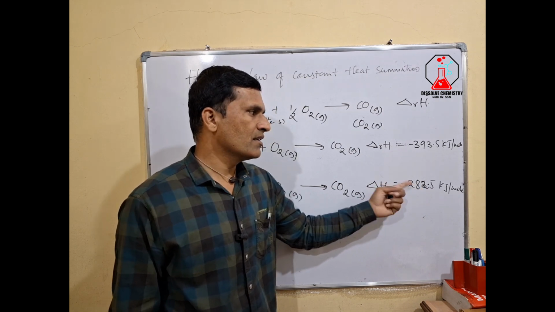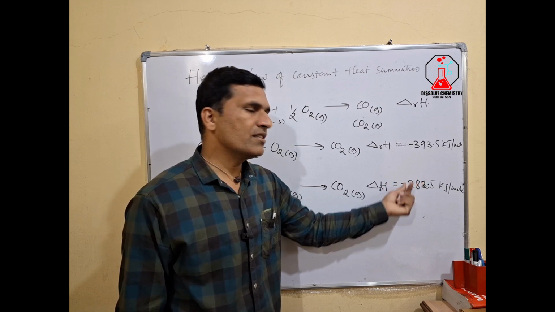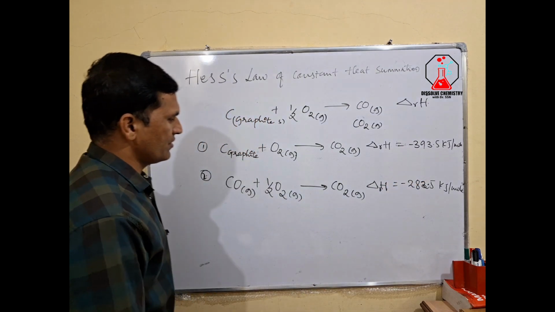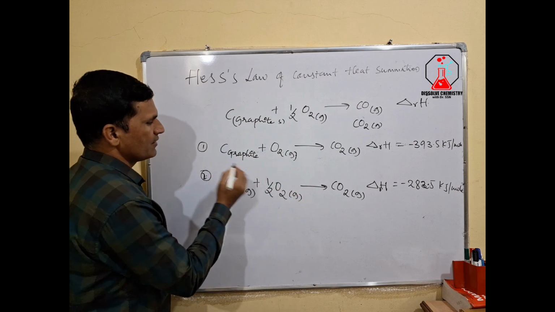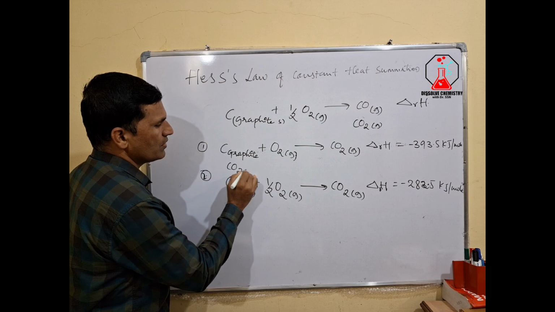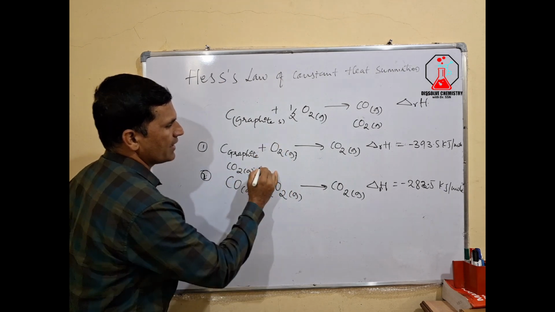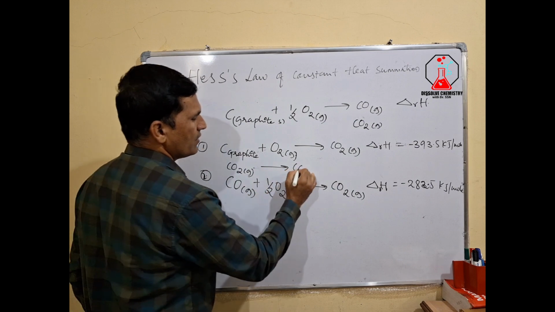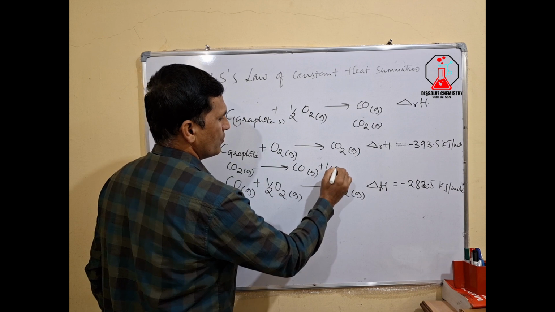It is minus here. Therefore, if I reverse this equation, the sign changes from minus to plus. So let us reverse it. I will write CO2 on this side, directly put the arrow mark, then to get CO gas plus half O2.